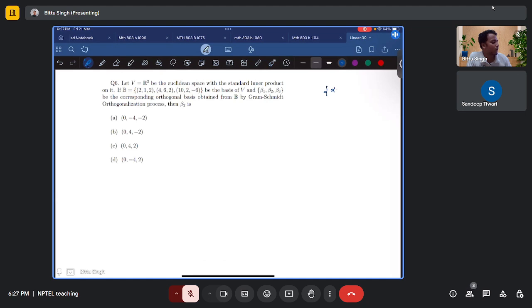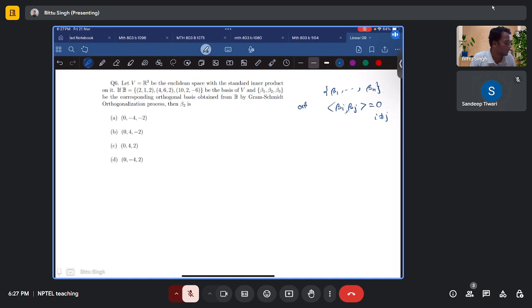Alpha 1 up to alpha n, maybe write it as beta 1, are called an orthogonal basis of a vector space if and only if the inner product of beta i and beta j is 0 whenever i is not equal to j.